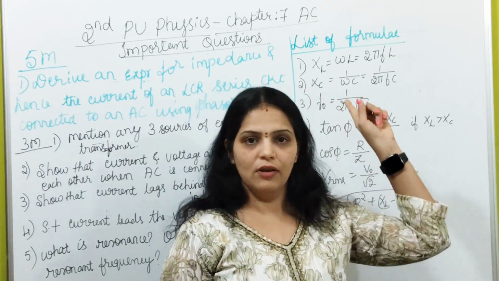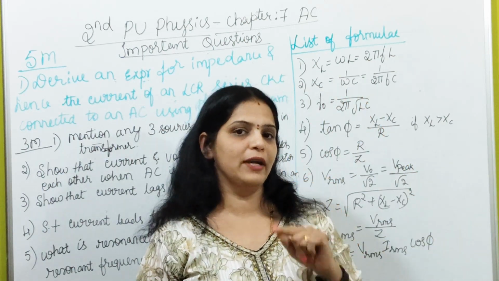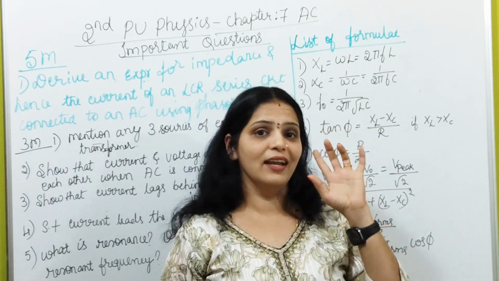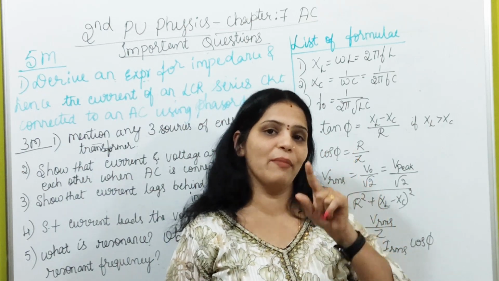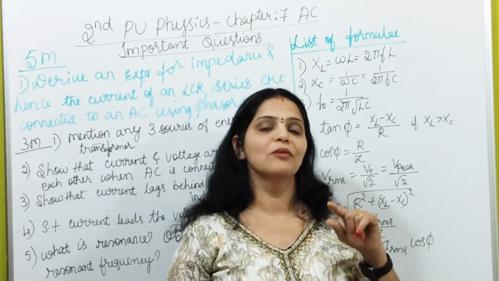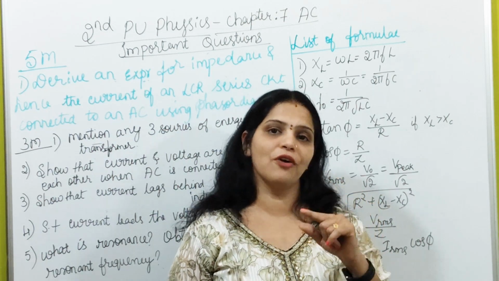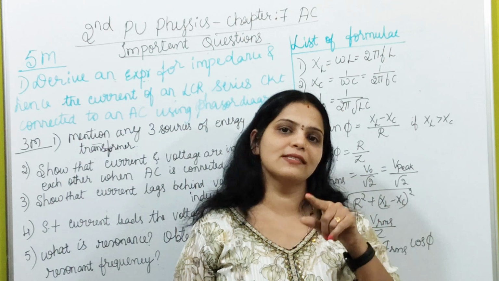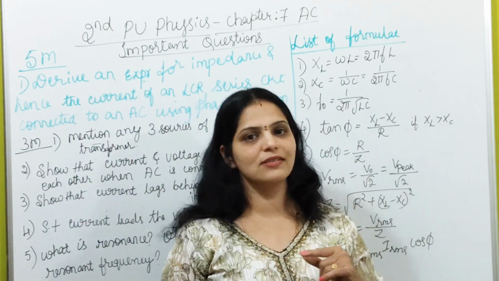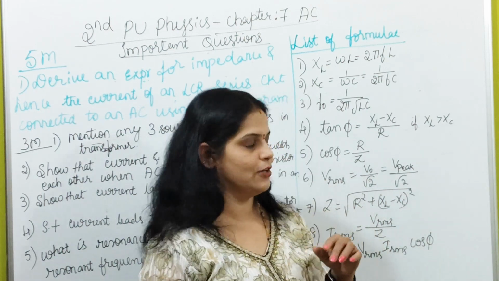XC is 1 by omega C or 1 by 2 pi FC. Inductive reactance is XL and XC is capacitive reactance. Both are nothing but opposition offered by the inductor to the flow of AC current, or XC is opposition offered by the capacitor for the flow of AC current through it.